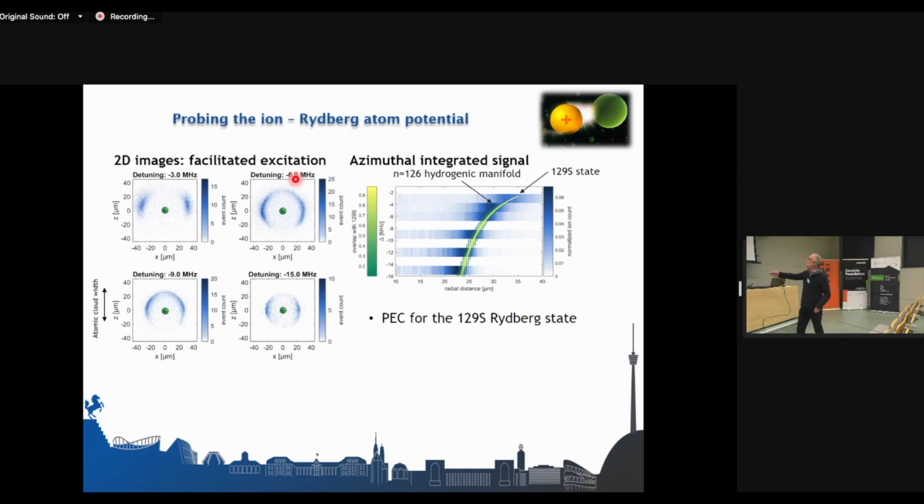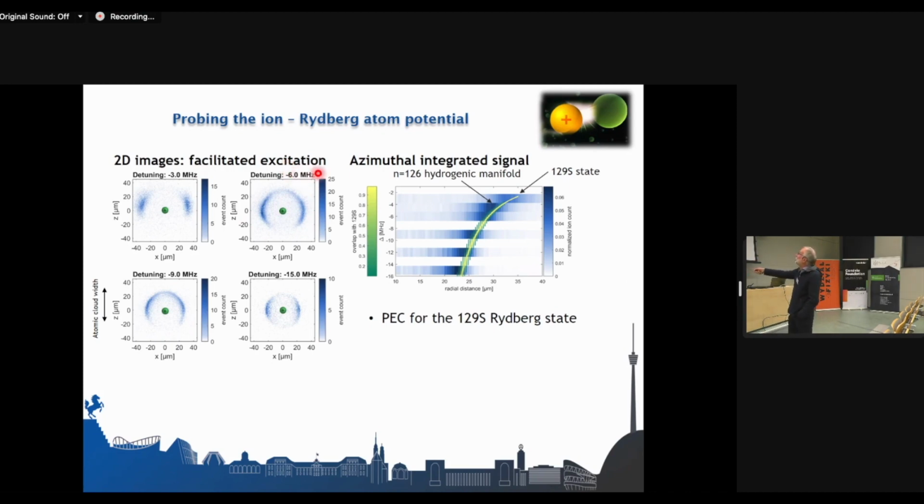So what we are looking at now are the relative spatial coordinates between the ion that we have produced and the Rydberg atom. The Rydberg atoms are these blue counts here, and we are always centering all the spatial information around the ion. So we are just plotting the relative coordinates between the ion and the Rydberg atom.